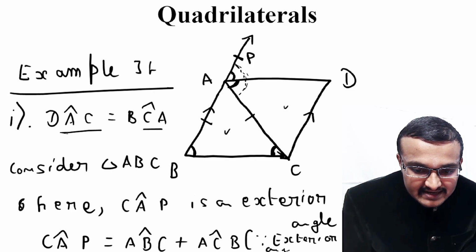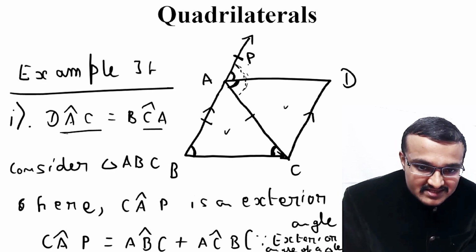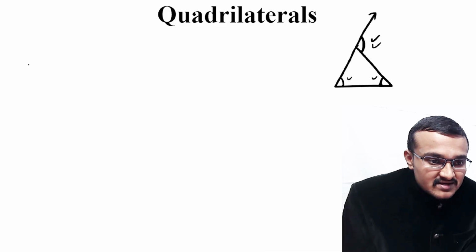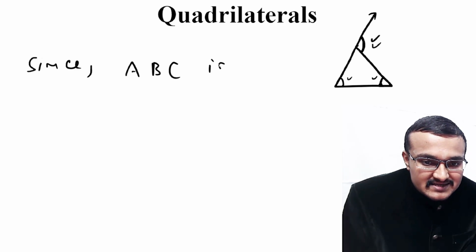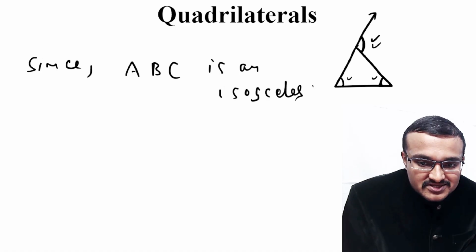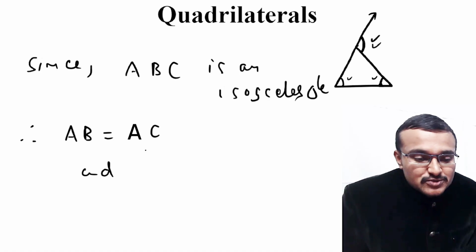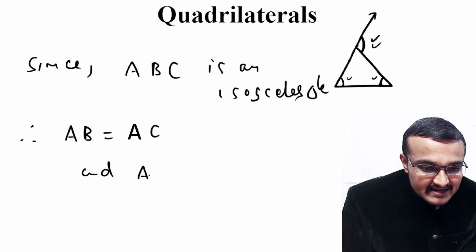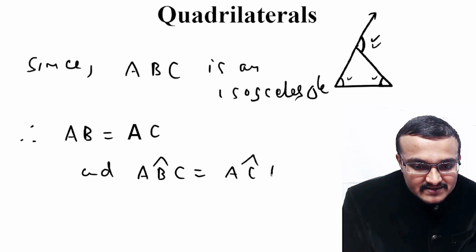So this is one property of the exterior angle of a triangle. So CAP, this total angle CAP, is equal to the sum of ABC and ACB. Since ABC is an isosceles triangle, opposite angles of these equal sides will also be equal to each other. That is, angle ABC will be equal to angle ACB.